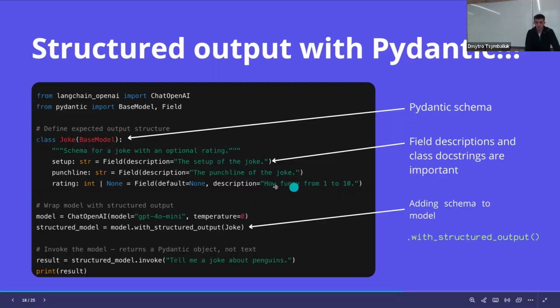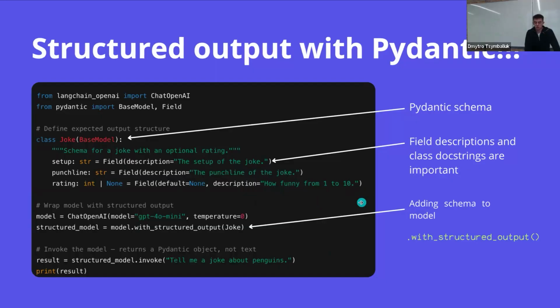It will be an integer from 1 to 10. You can add more Pydantic parameters like max length, greater equal, lesser equal, and so on, and the model will understand that and follow these boundaries. So that's the whole Pydantic schema.